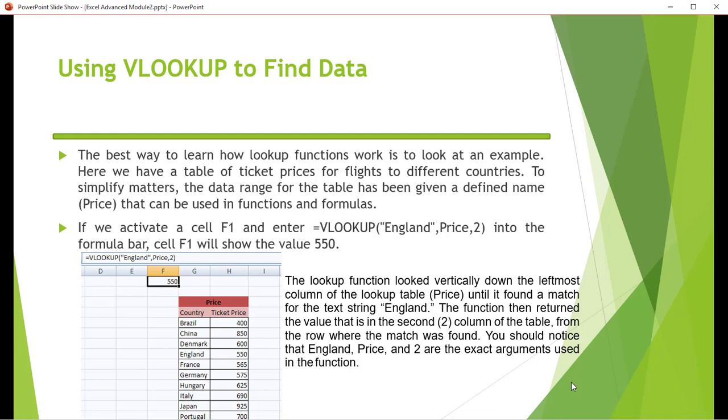The lookup function looks vertically. It will look until it finds a match with the text string England. The function then returns the value that is in the second column.